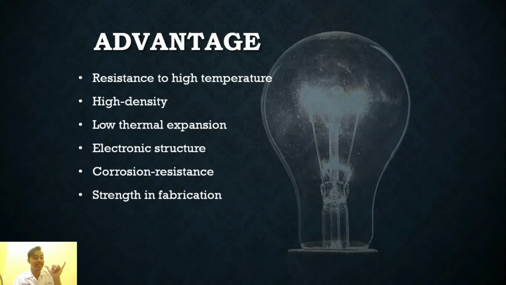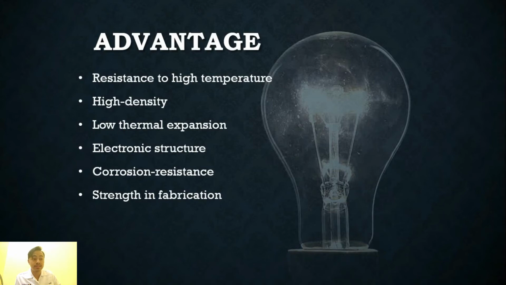Let's see the advantages of tungsten. There are 6 advantages that I can find. First, resistant to high temperature, high density, low thermal expansion, electronic structure, corrosion resistance, and strength in fabrication.